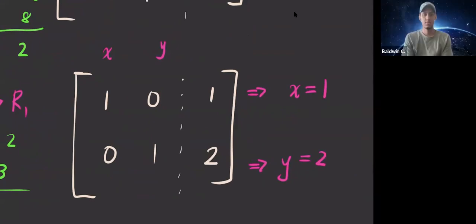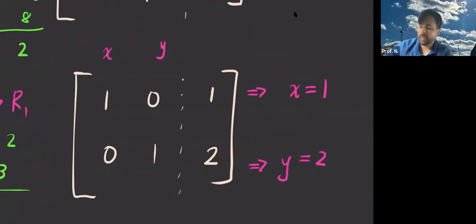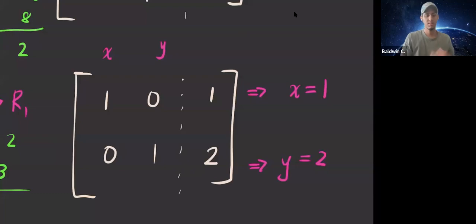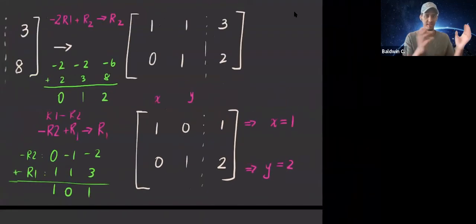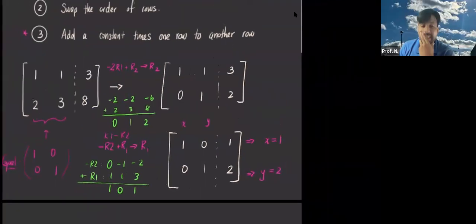So if you read off this first row, this is saying X plus 0y equals 1, which just means X equals 1. The second row, if you read it off, is 0 times X plus 1 times Y equals 2, which just means Y equals 2. So this is like what the calculator is doing in the background, right? You can say that, yes.